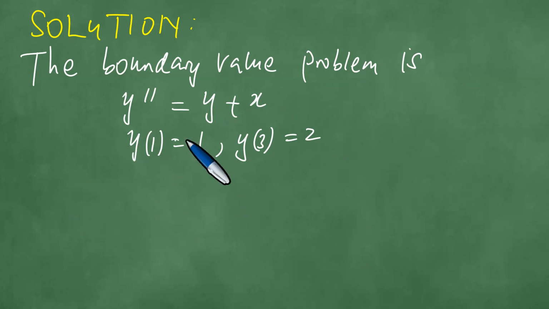What are we supposed to do to solve this problem using the shooting method? First, because it's second order, we must reduce to first order, because the Euler method works for first order. So we must convert it to first order. How do we convert to first order?